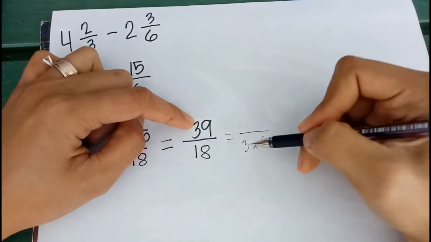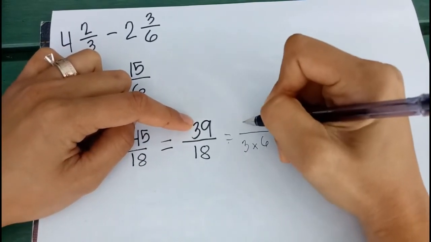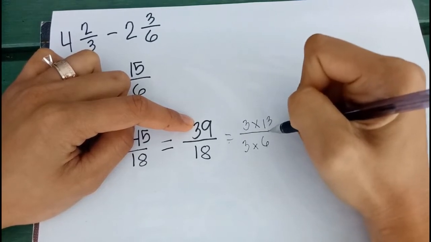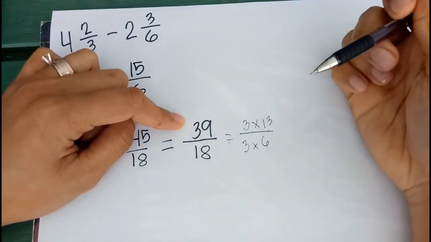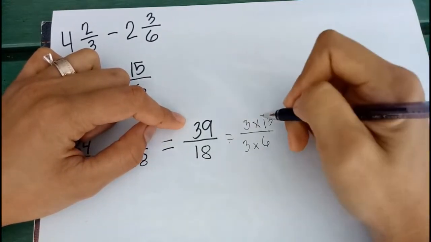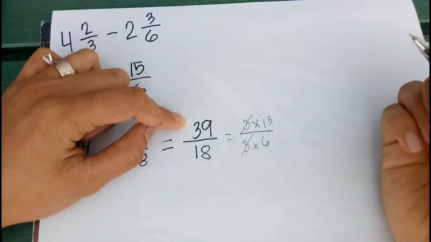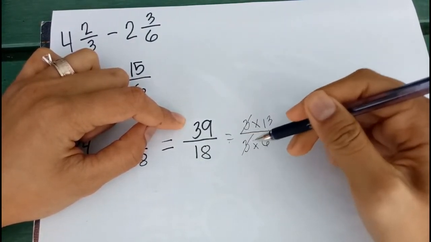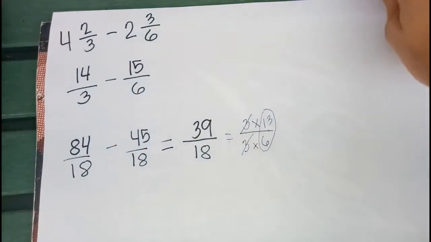What about 39? Can we also get it from 3? Yes, we can. We can multiply 3 times 13. 3 times 13 equals 39. Okay? And what you have to do now is cross out 3 and cross out 3. Since they're the same, you just cross out 3. Now you have the remaining answer, 13 over 6.